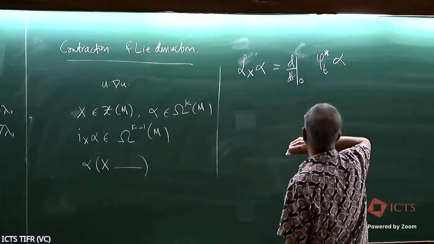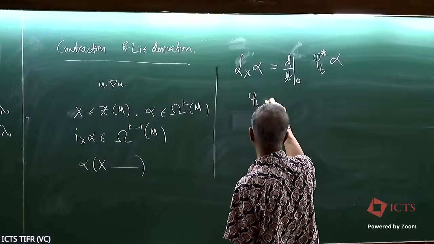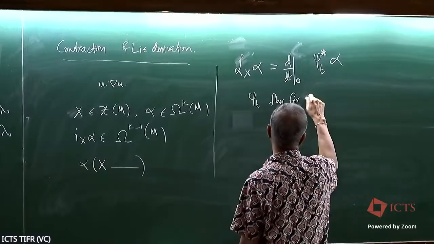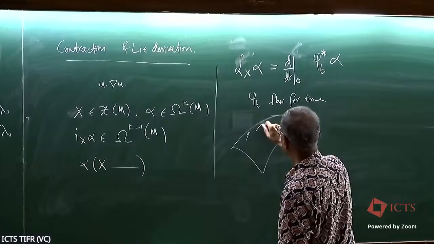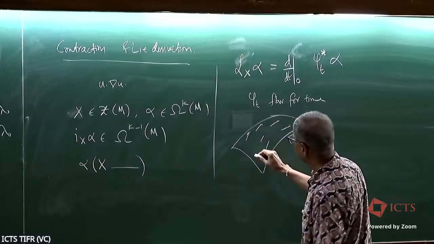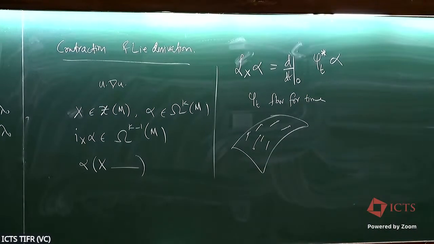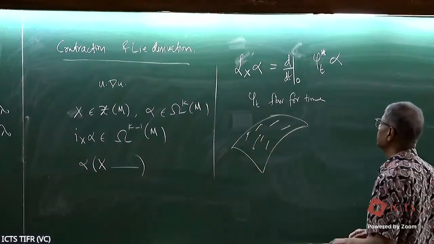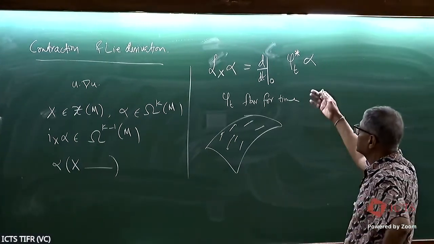So if phi t is the flow of that vector field for time t, you have a manifold, let's say, and you have a vector field. Phi is a map that tells you where each point goes if you solve the ODE for time t. So it's called the flow map. It's a diffeomorphism of the manifold to itself, assuming some properties of the differential equation. So that's fine.